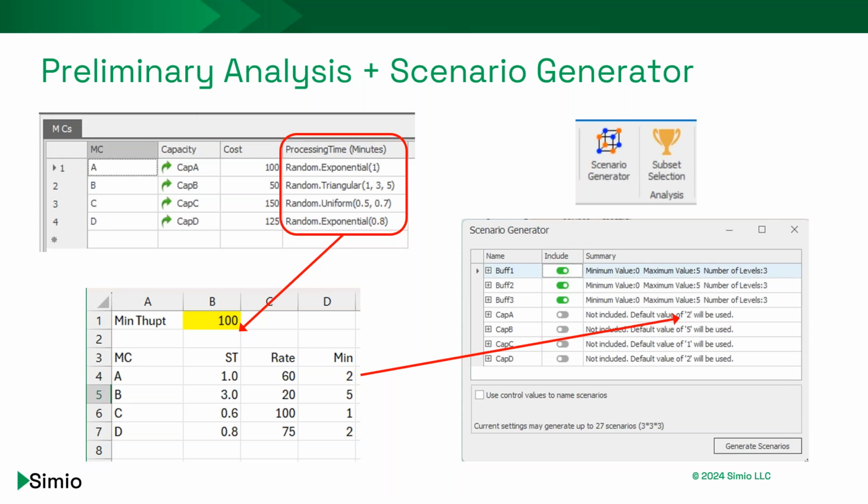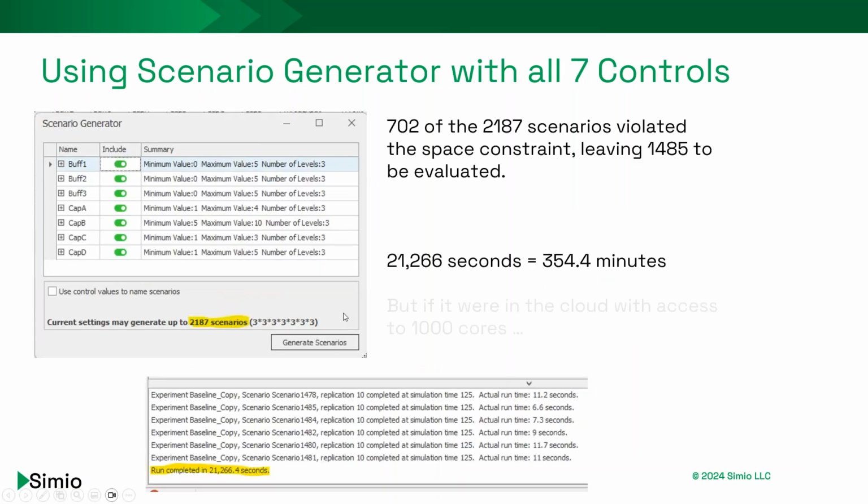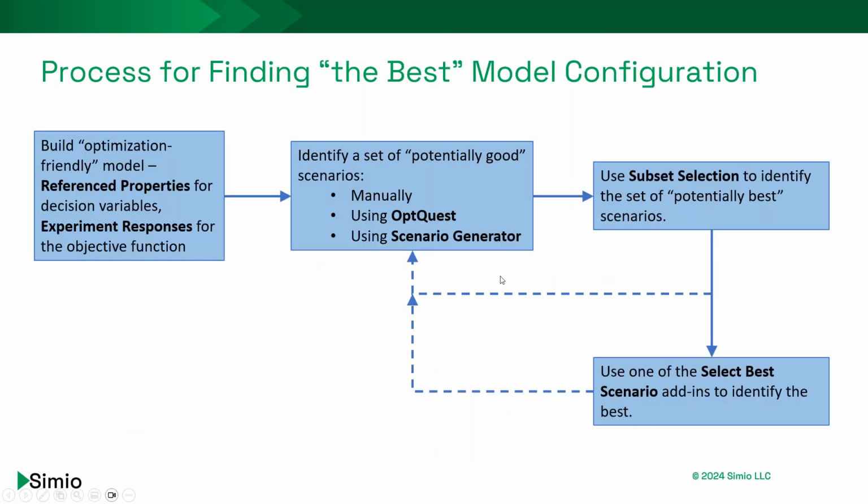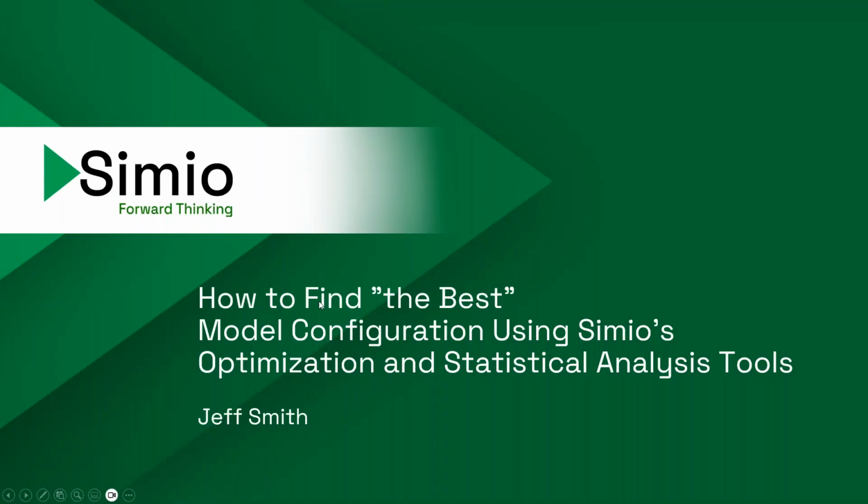So one of the options would have been to do some preliminary work or some screening work and then come back and re-optimize using OptQuest with these newly found bounds. So once again, it's not a simple run one time and be done, but typically an iteration between several of these tools. So that was what I was going to present today.